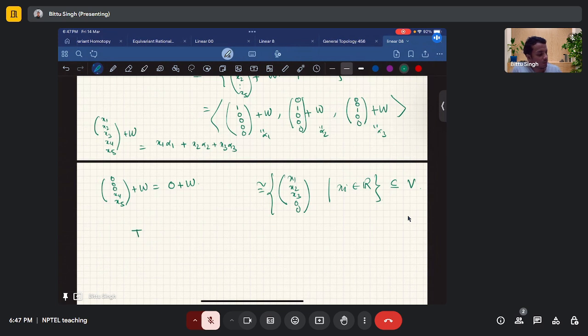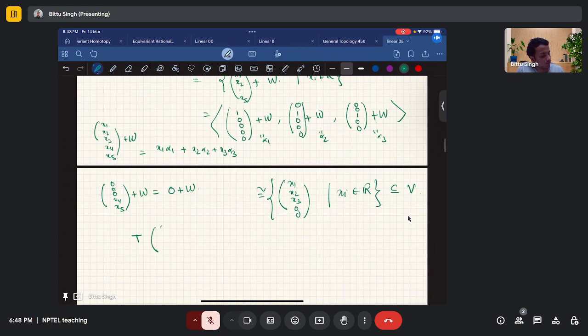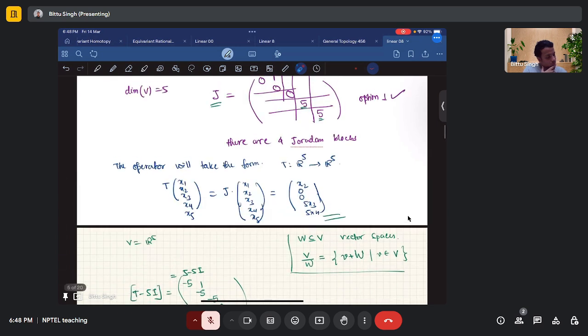Okay, and now let us see what will happen when T is applied on this x1, x2, x3, 0, 0. From this definition, it is clear that there will be some x2 here, and some 5x3, 5x2.